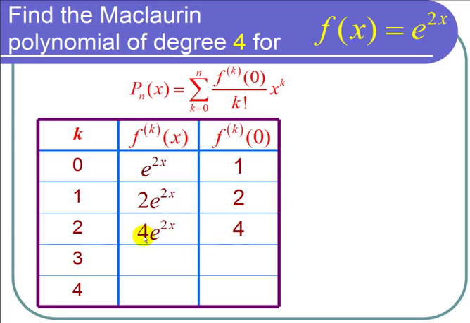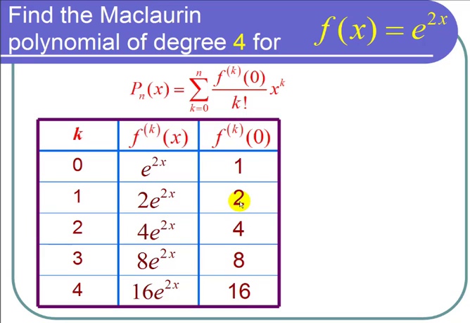Now let's take another derivative. The derivative of 4e to the 2x is 8e to the 2x. Plug in 0, and I get 8. Now take one more derivative, and the derivative of 8e to the 2x is 16e to the 2x. I plug in 0, and I get 16.